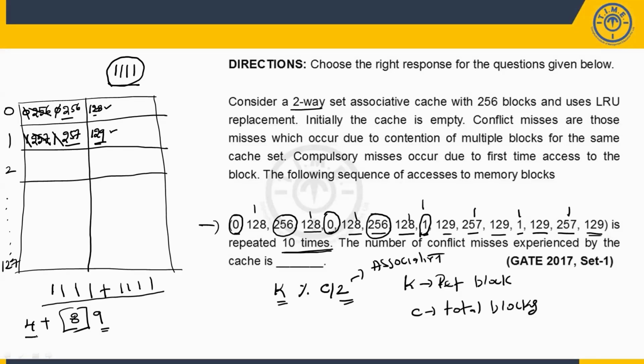In the first iteration, we got 4. So 4 plus 72 is equal to 76, which is the correct answer. Balaji, did you get it? Yes, sir. Okay. Next.